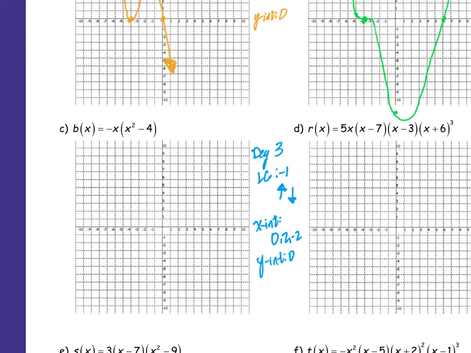Please make sure if you have any questions on how I found any of these, you ask. So I've got 0, 2, and -2. And they're all crosses because there's no multiplicity other than 1. So I'm going to start high. I'm going to come down, back up, and back down. Okay, there's C.